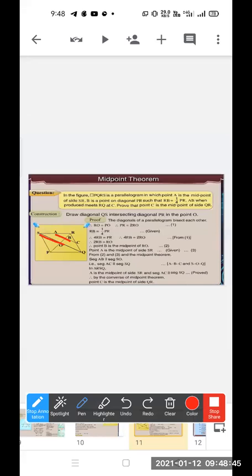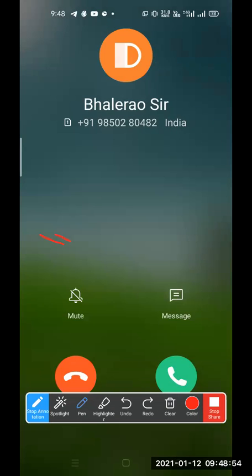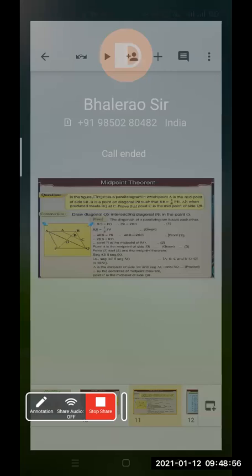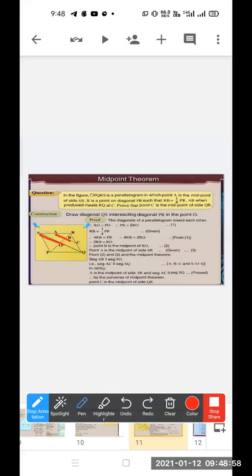Since A, B, C and S, O, Q are in line, segment AB is parallel to SO, and AC is parallel to segment SQ.